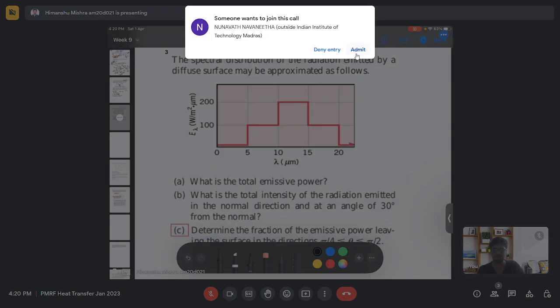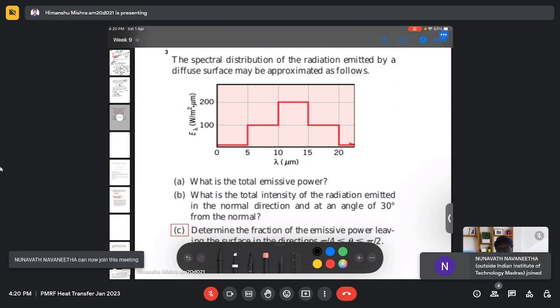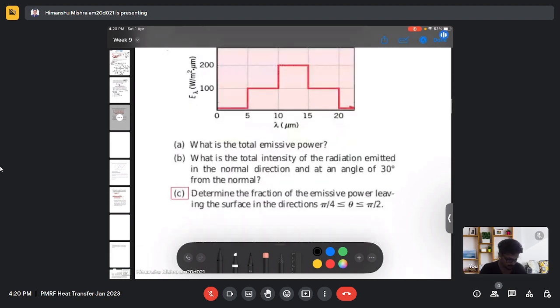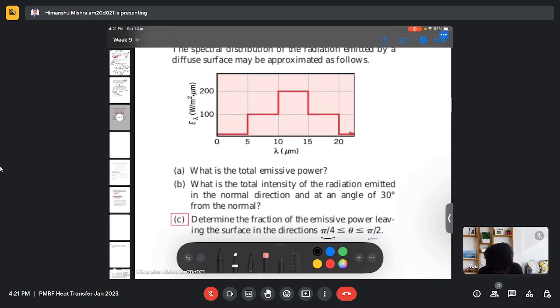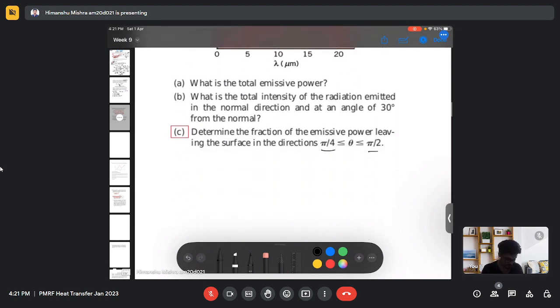So we have been given a spectral distribution of radiation with different wavelengths, and first we need to find the total emissive power, and then we need to find the total intensity of the radiation emitted in the normal direction at an angle 30 degrees from the normal, and determine the fraction of the emissive power leaving the surface in the direction of pi by 4 to pi by 2. Okay, so let's start with the first one.